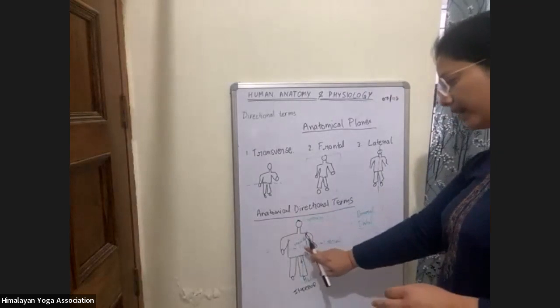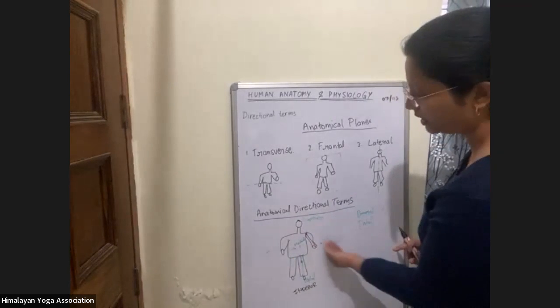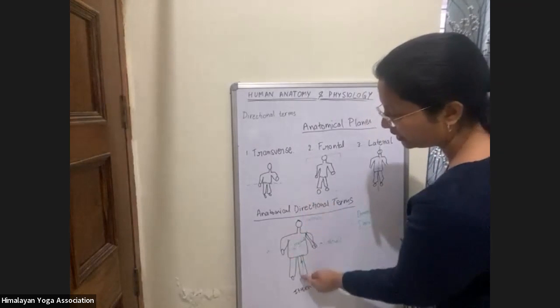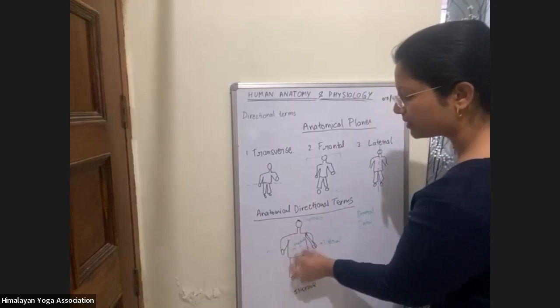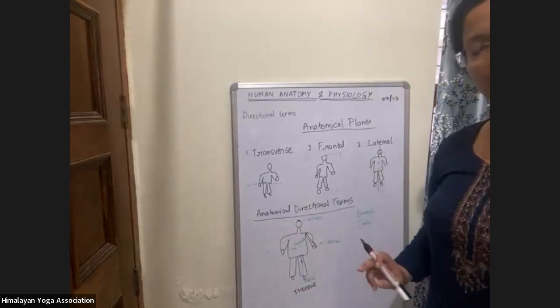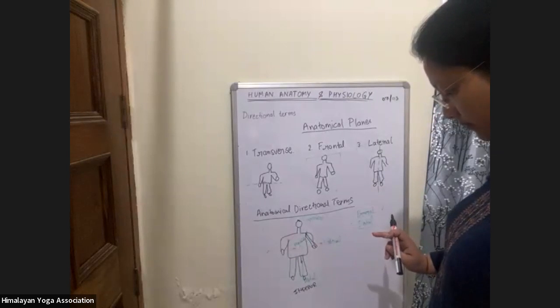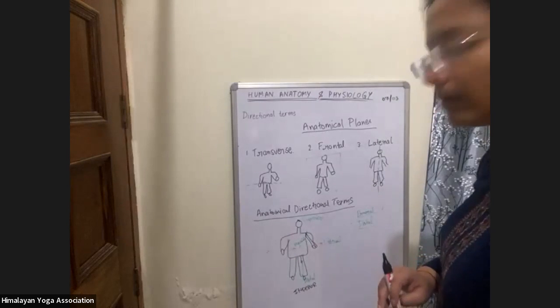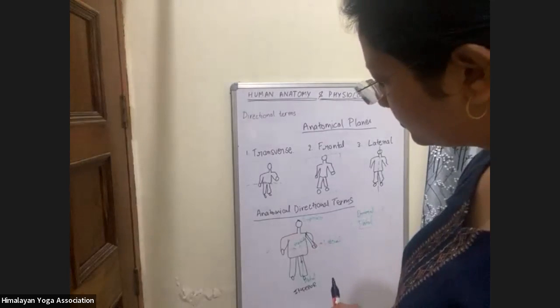If it is away from the middle part, it is called lateral. This is vertical, this is horizontal, and this is with respect to the limbs, proximal and distal. If it was away from the middle, it's called lateral? Yes. Perfect, thank you.